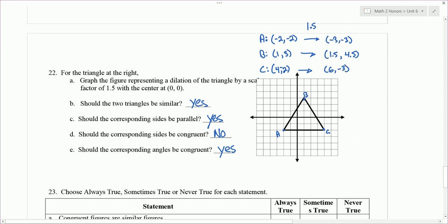So if I plot these points, negative 3, negative 3, 1.5, 4.5, and 6, negative 3, you see it's a larger triangle, but the sides are definitely parallel. And there we have it.